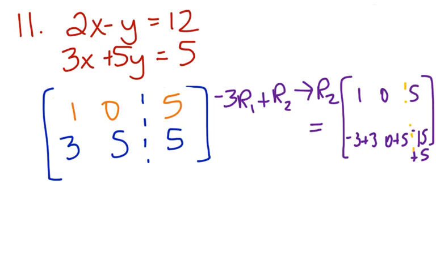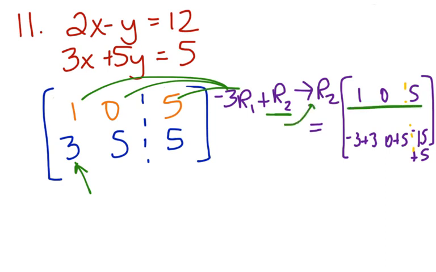The next thing I'm going to do is, now that I've got a 0 where I want right there, I'm going to now go for a 0 in this position. So I'm going to take negative 3 times everything in row 1, and I'm going to add it to row 2, and I'm going to put it in row 2. So you'll notice my row 1's not going to change. I'm going to have negative 3 times 1 is negative 3 plus my 3.